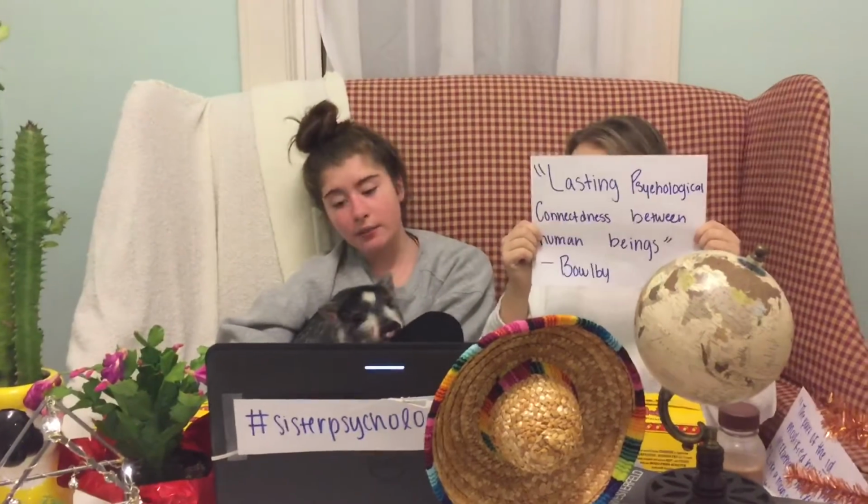Okay, so side note, another famous theorist is Bowlby, who created the attachment theory, which is described by him as a lasting psychological connectedness between human beings. So basically he defines it as the attachment a child has to its mother, that parental attachment.